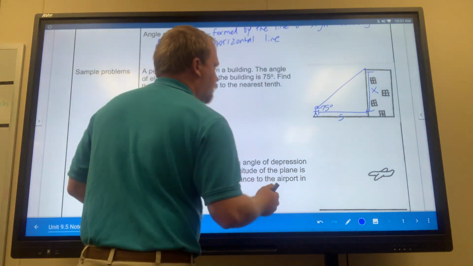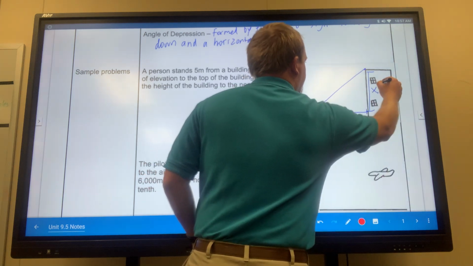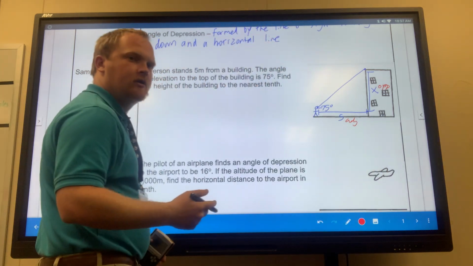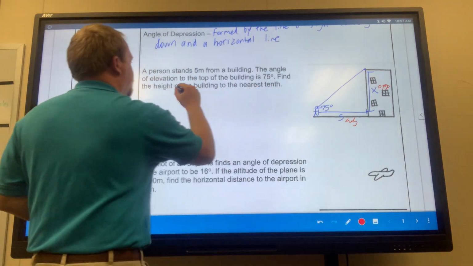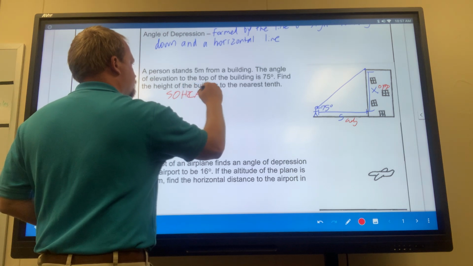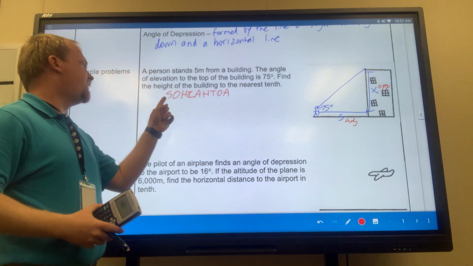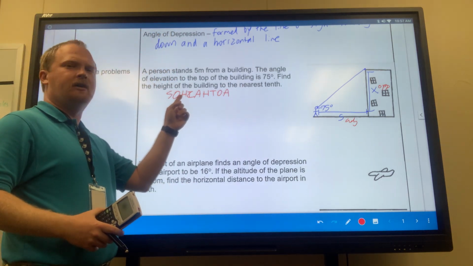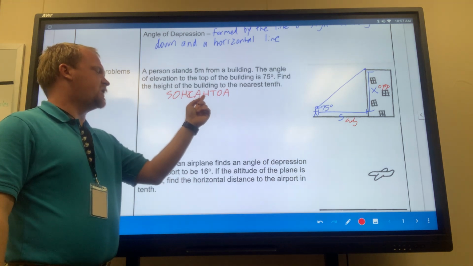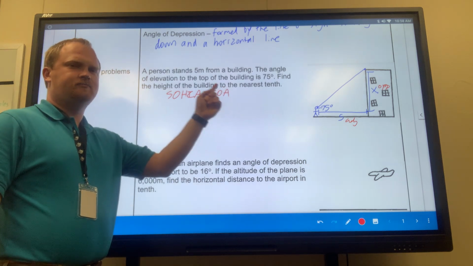So, what I know is that I have the opposite and the adjacent for it. So if we remember SOHCAHTOA: S is sine, O is opposite, H is hypotenuse, C is cosine, A is adjacent, H again is hypotenuse, T is tangent, O is opposite, A is adjacent.